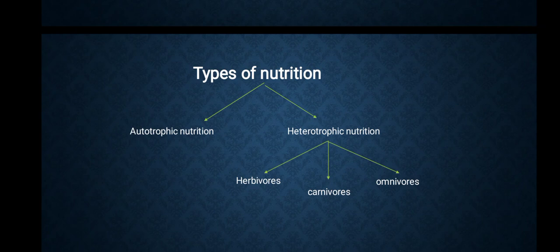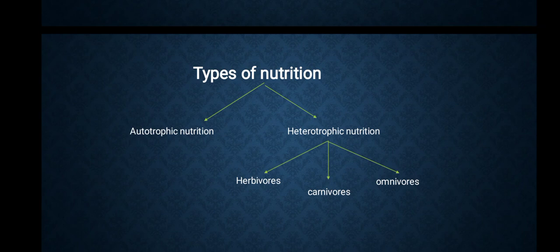So what is autotrophic nutrition? The type of nutrition in which organisms can make food themselves from simple substances is called autotrophic nutrition. Understood? Auto means self and troph means nourishment.